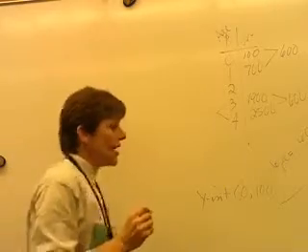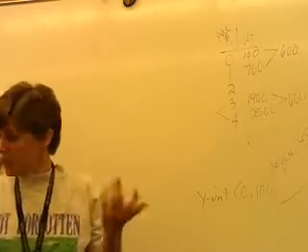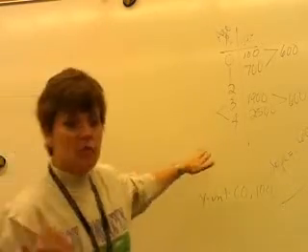Now, when I ask, did you check it with a calculator? This is what we're going to do today. Turn on your calculators first off, and we're going to go into the y equals. This is where I can make my equation.